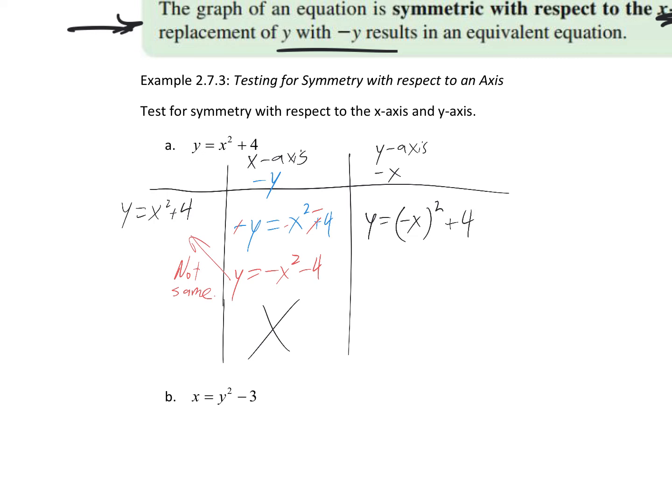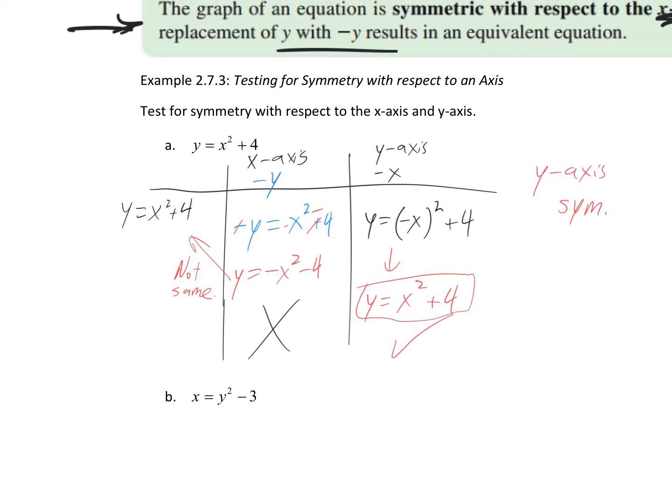And that dramatically is going to change what happens. So here, when we square this, we get y equals x squared, because the squared cancels out the negative, plus 4. And this is actually the same as my original equation. And so what we discover is that this function has y-axis symmetry.